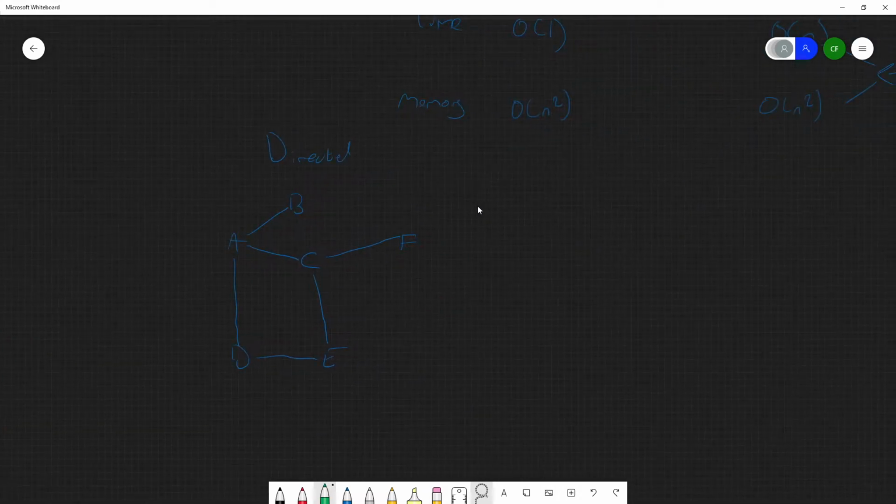Okay, we want to manipulate this to be a directed graph, so we're going to say this goes to here, this is bidirectional, this one goes over here, this goes to here, and then to here. And then for an example, we're going to make this be a loop. Okay.